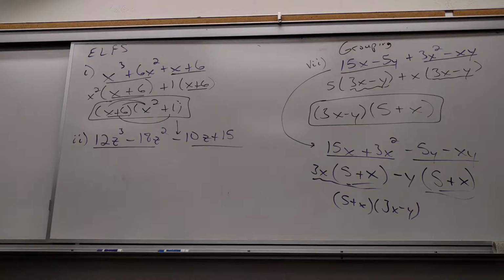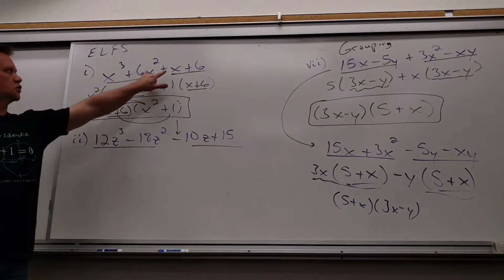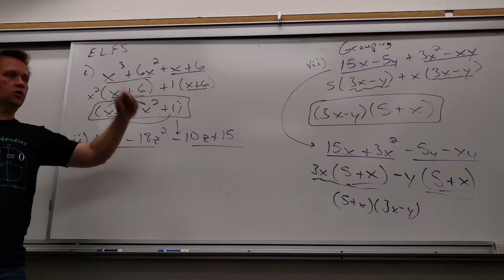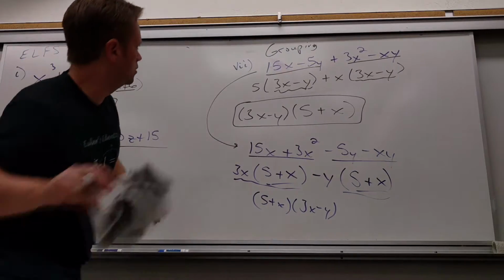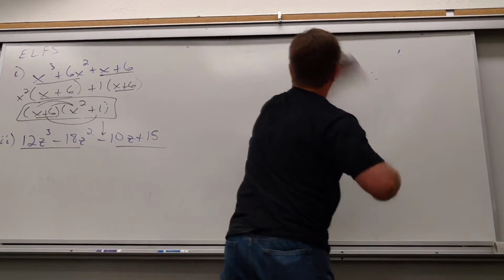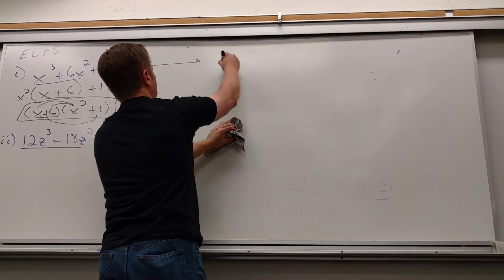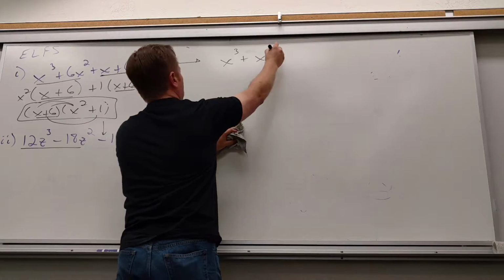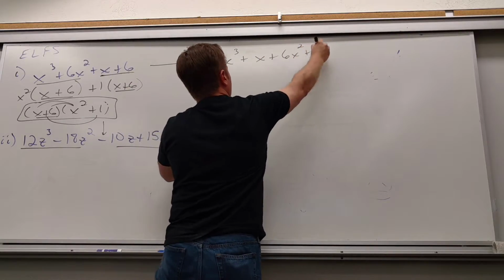I just kind of moved the numbers and I got x squared and then x plus 6 in parentheses. Is that the same thing? So you rewrote this as what now? X to the third plus x plus 6x squared plus 6. I love it, cool.